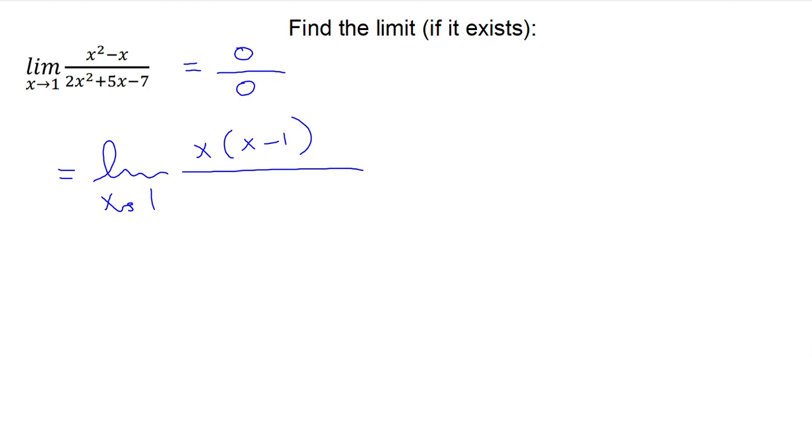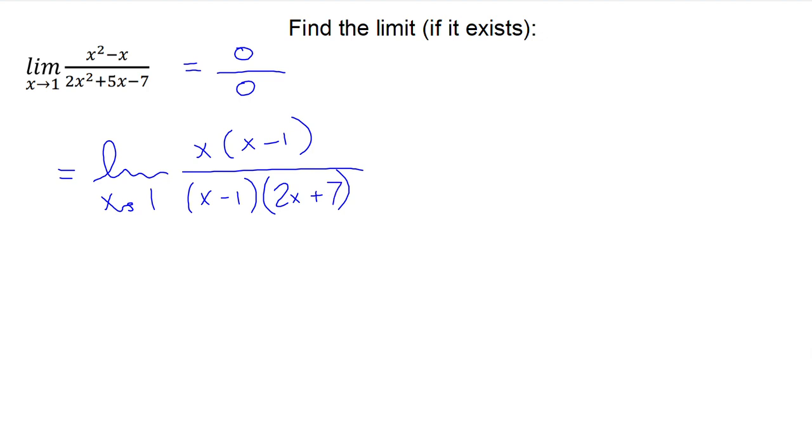But what we want to remember here is that if x is approaching 1, that denominator equals 0, which means that x minus 1 should be a factor in that denominator. So I just need to then build in what gives me 2x squared plus 5x minus 7 as the other factor. So that's going to be a 2x and a positive 7.